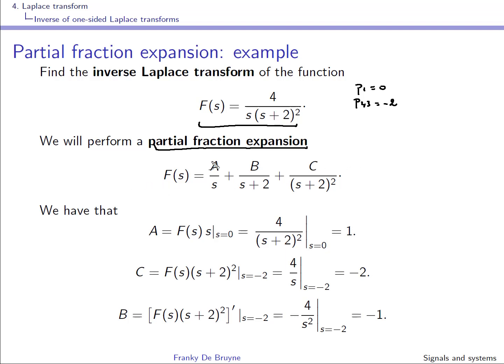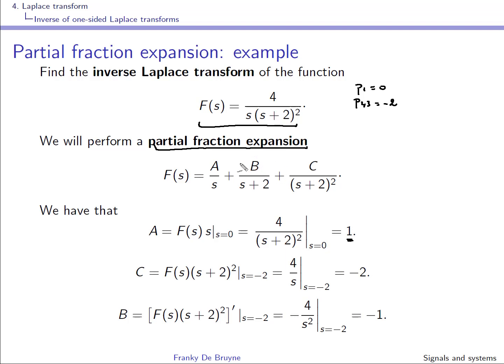For a it's quite easy: multiply by s, hide this term, and replace s by 0. For c it's quite easy as well: multiply by (s plus 2) squared, hiding this term, so we are left with 4 over s, and we evaluate it at the pole, and we obtain -2.